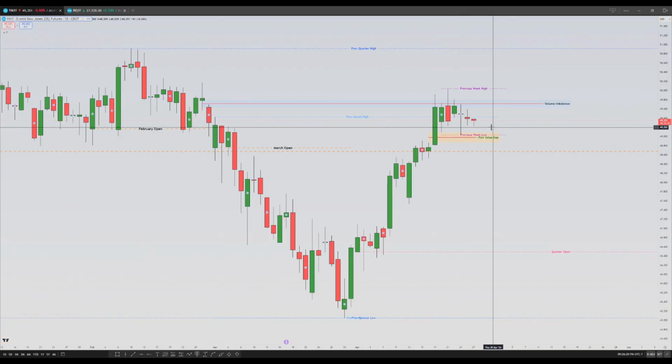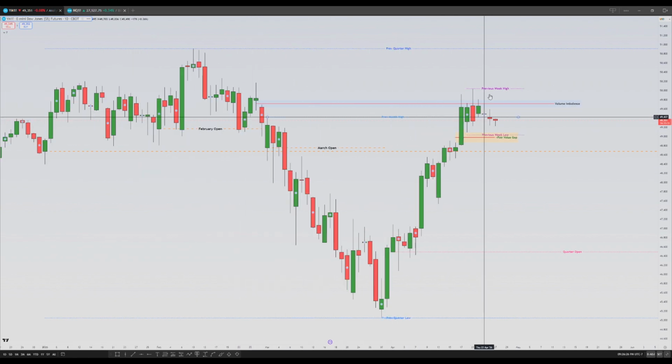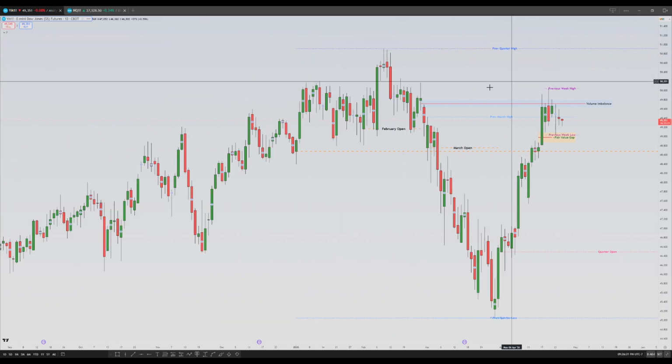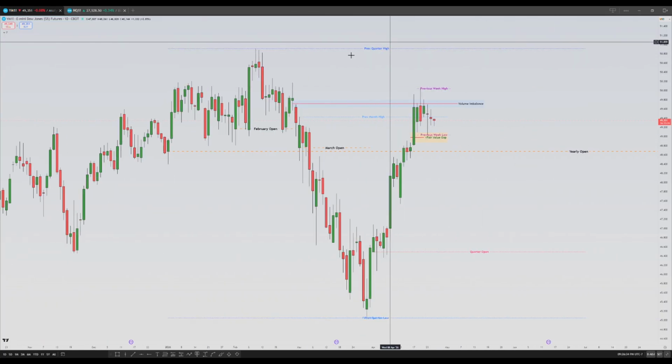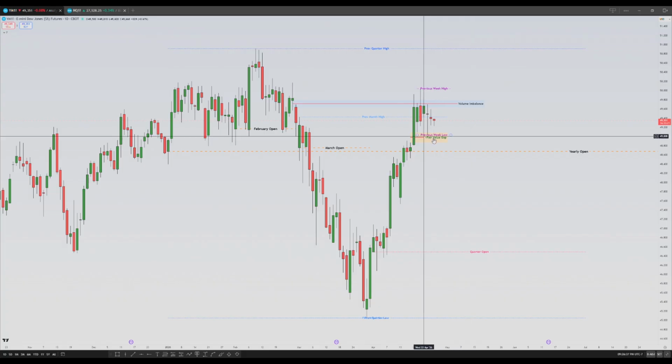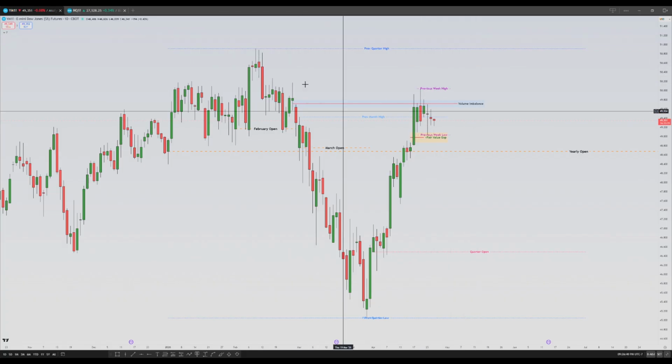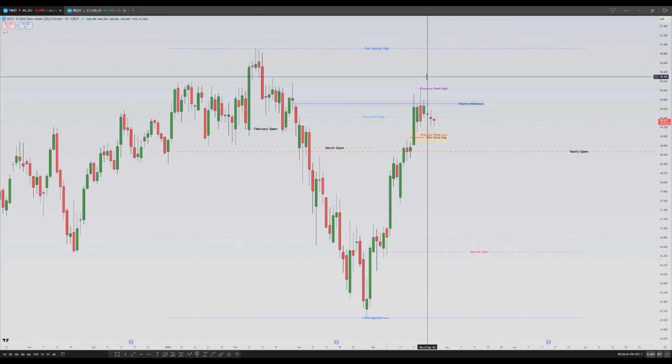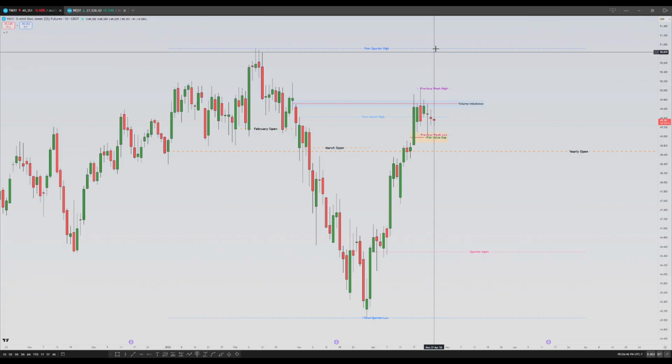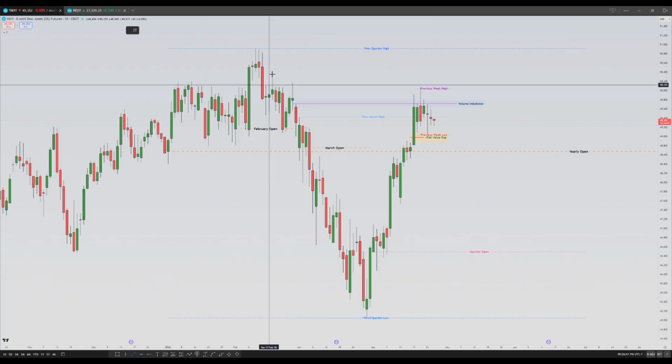And because we are bullish in NASDAQ and ES, with NASDAQ and ES being above their previous quarter's high and already trading at all-time highs, I would anticipate Dow to start to catch up to the other leading correlated assets and start to trade higher.